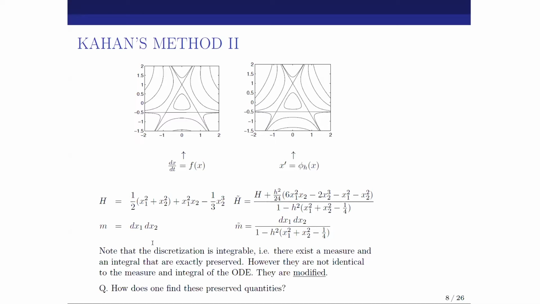So in that sense, they're both integrable, but the precise features of the integral are different in both cases. So that means even if we know what the H is, it's not obvious what this correction term here with the h squared is going to be.